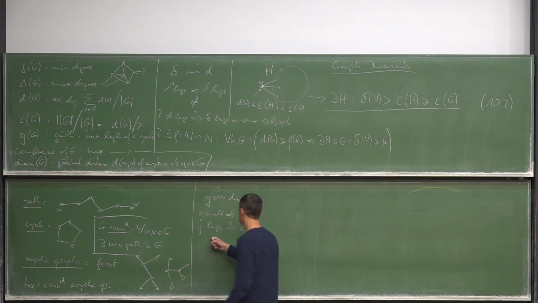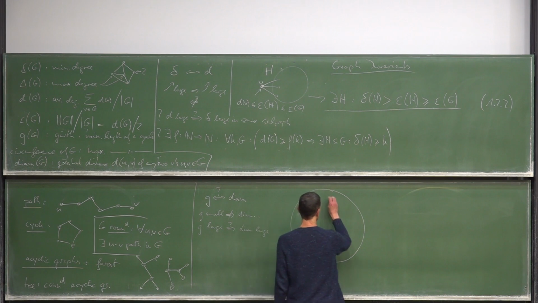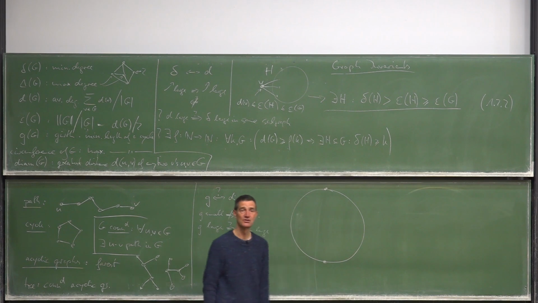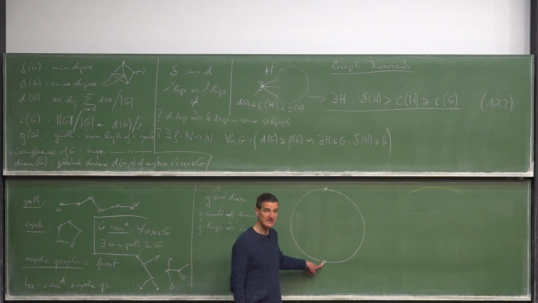Let's assume that the girth is large. Let's take a short cycle of which we know it's long. So here's our cycle. Let's take some opposite vertices, or as nearly opposite as possible. And the idea now was that these have to have large distance. So the diameter, which is the greatest distance between any two vertices, must be at least the distance between these two vertices. Why do they have to have long distance?